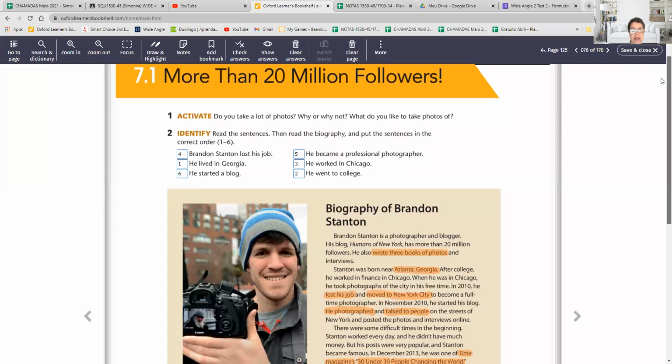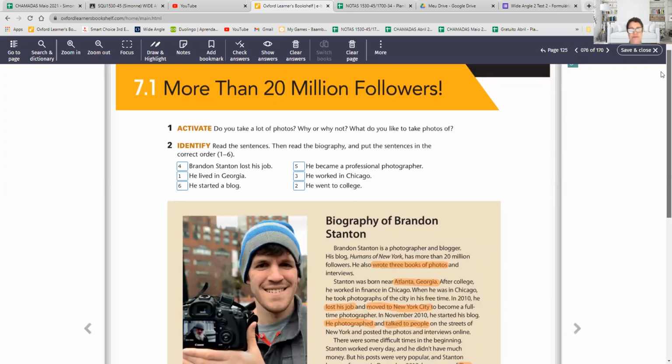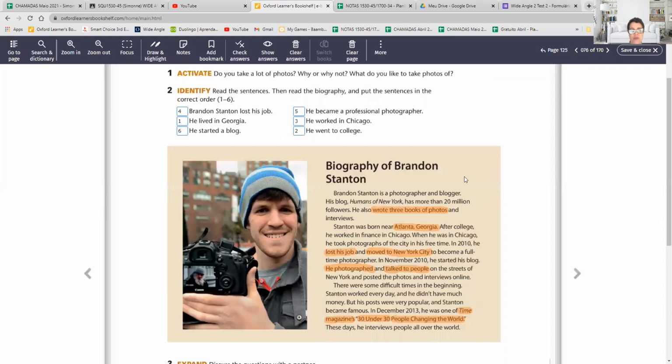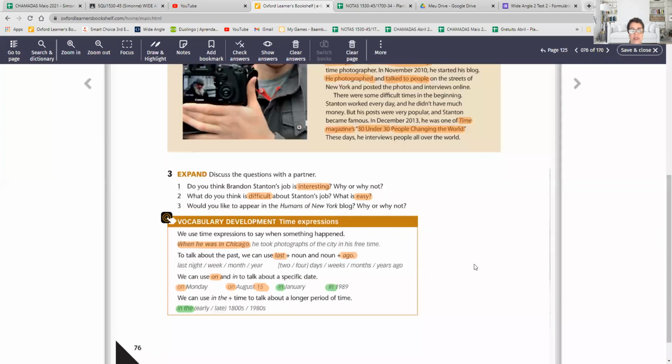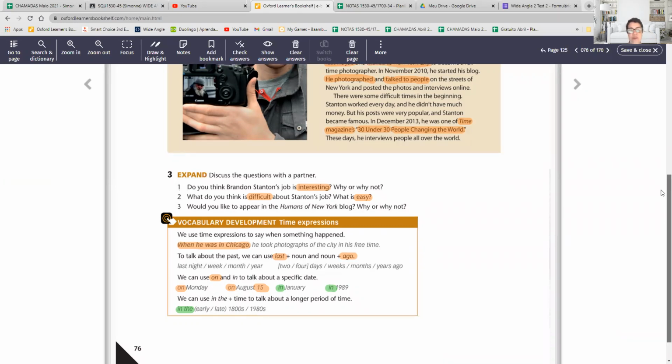Last class, we talked about the photographer, Brandon Stanton, right? The number of followers he has, and so many things. We also talked about time expressions, how we can use prepositions in the past, with expressions to create the past.